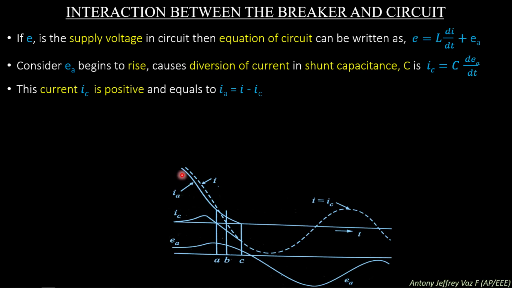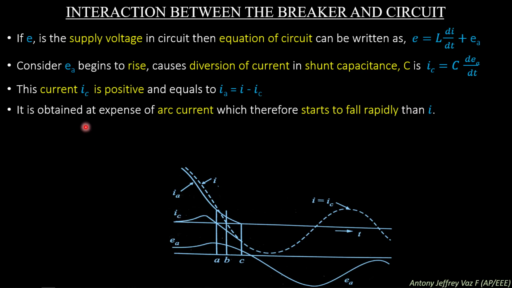You can see the arc current IA is equal to the current generated by the generator minus the current in the transient response IC. It is obtained at the expense of arc current, which therefore starts to fall more rapidly than I.